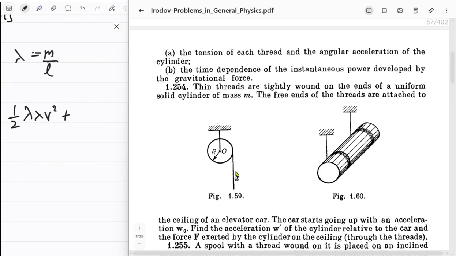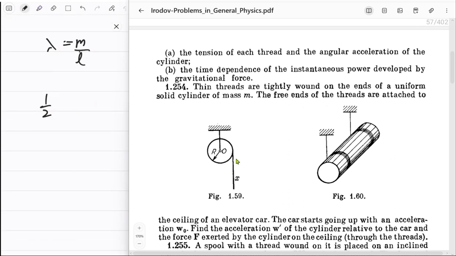And I think we could just extend this because all of these points on this thread, they also have pretty much the same thing, right? Yeah, all have the same speed after all. So, you know what? Just say it's half lambda L times v squared. That makes sense. So it's like half m v squared. I know.